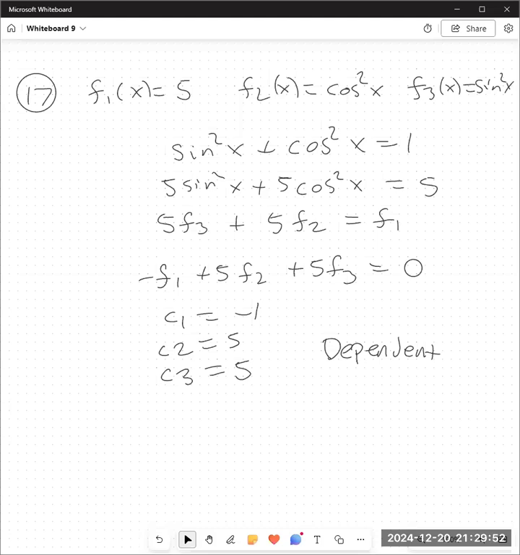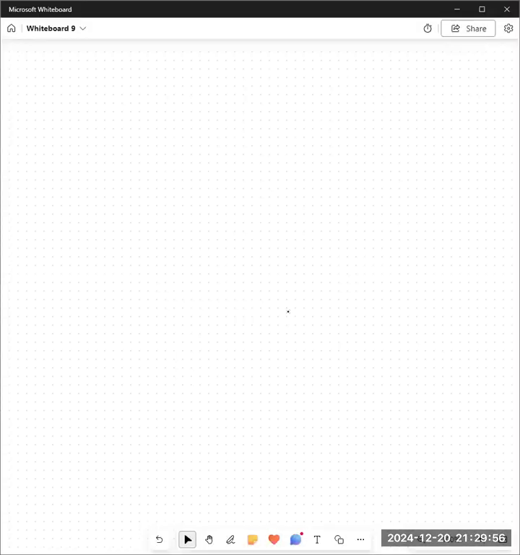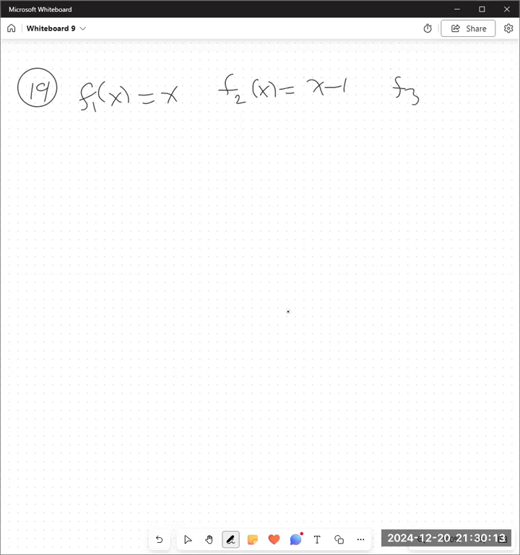All right, let's move on to number 19. F1 of x is equal to x, F2 of x is x minus 1, F3 of x is x plus 3.